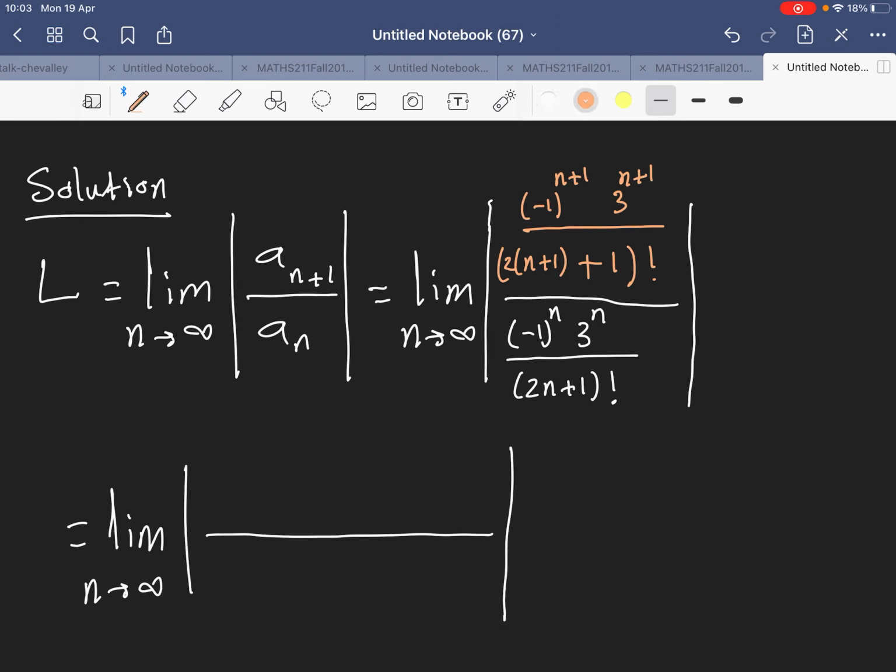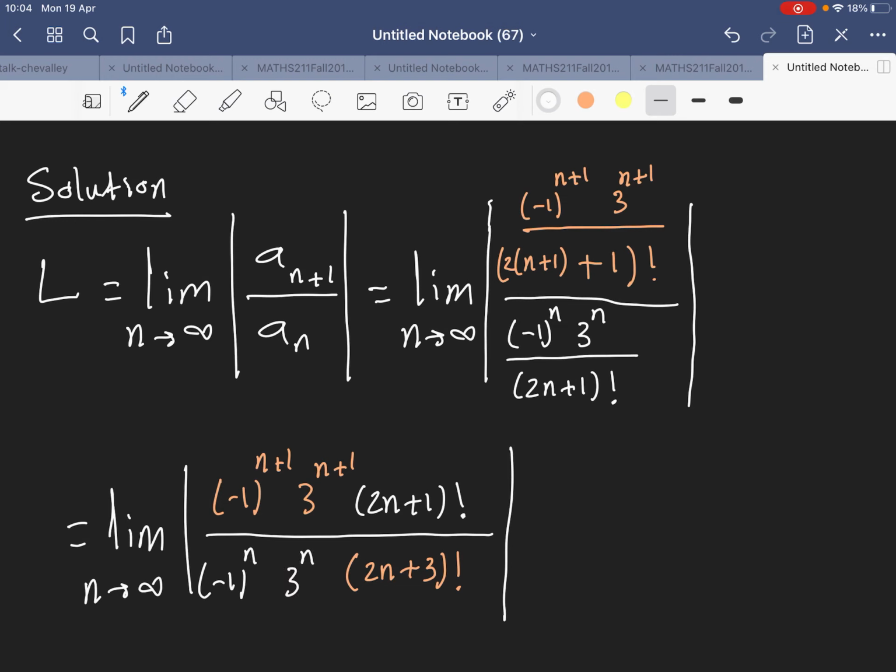Now the first one is this one, negative 1 to the n plus 1, 3 to the n plus 1. And then we have this one. If we just take the 2, it will be (2n plus 3) factorial. The one in the white will be (2n plus 1) factorial, negative 1 to the n, 3 to the n.